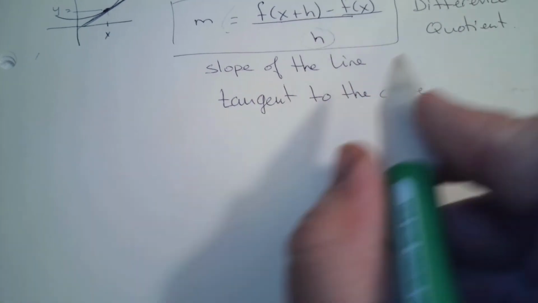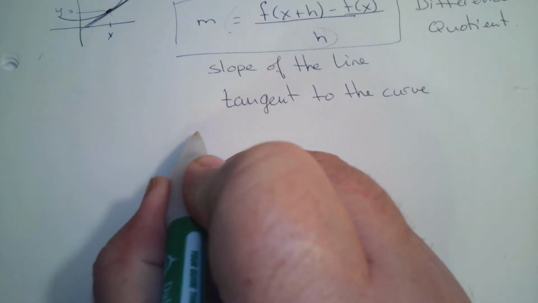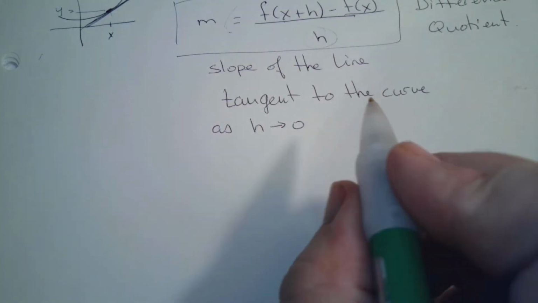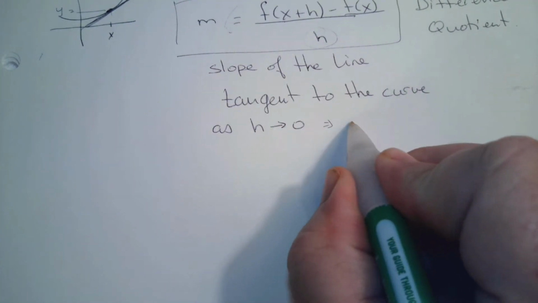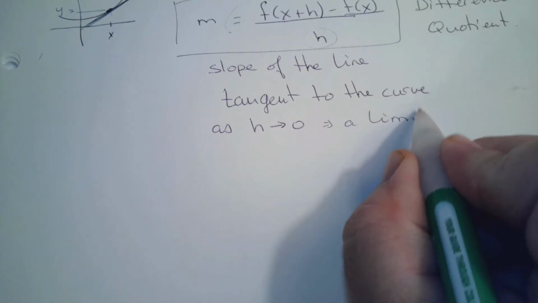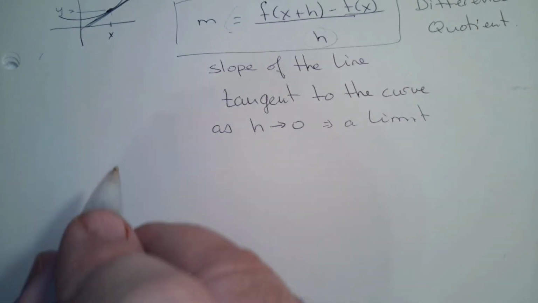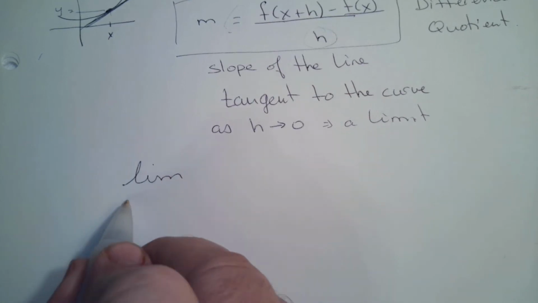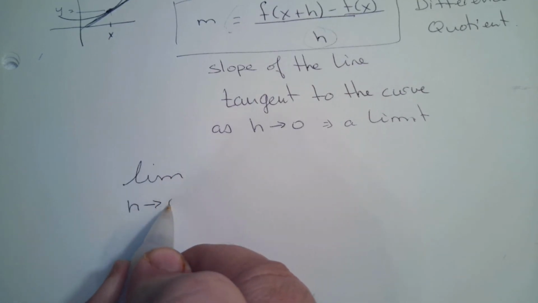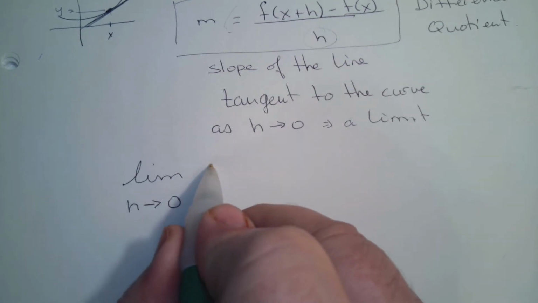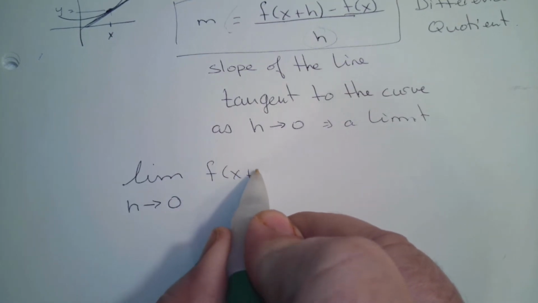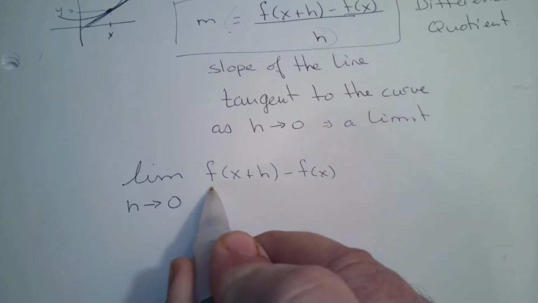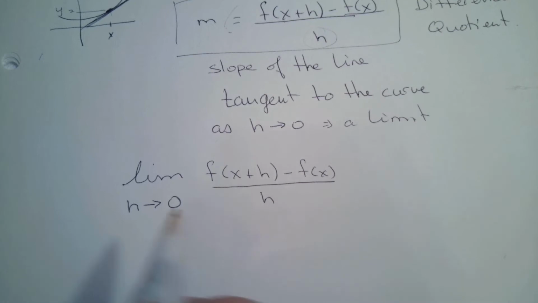Now, as I said over here, as h goes to 0, we call that a limit. Let me write it this way. The limit as h goes to 0 of our function f of x plus h minus f of x all over h.